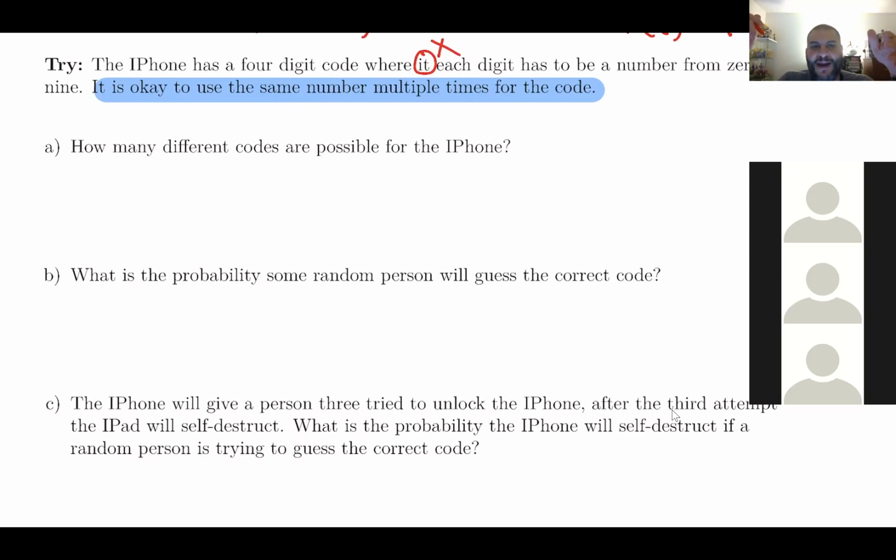For part A, it says how many different codes are possible for the iPhone? How can I find that?